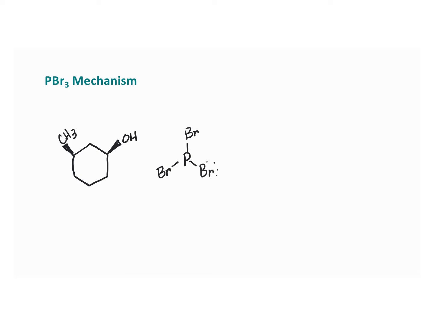Now all these bromines are very electronegative. They have lots of electrons on them, right? And so what we find is that this phosphorus right here is very electron poor, okay? And what we also know is that this alcohol here is very electron rich. So these electrons go and attack that phosphorus.